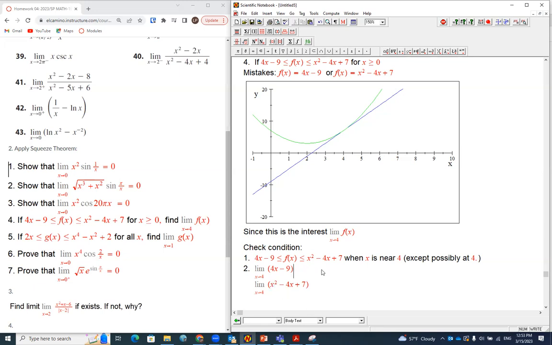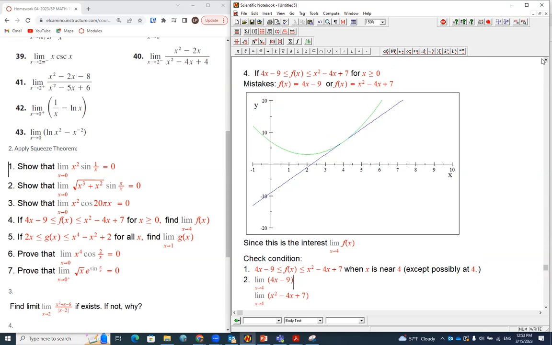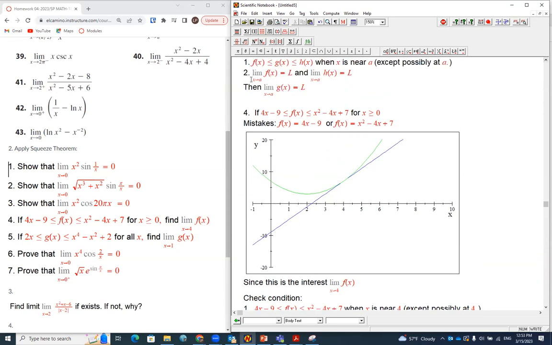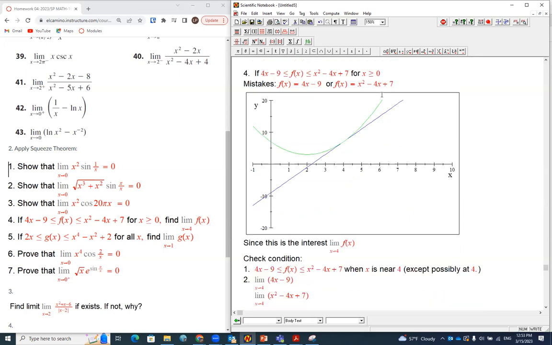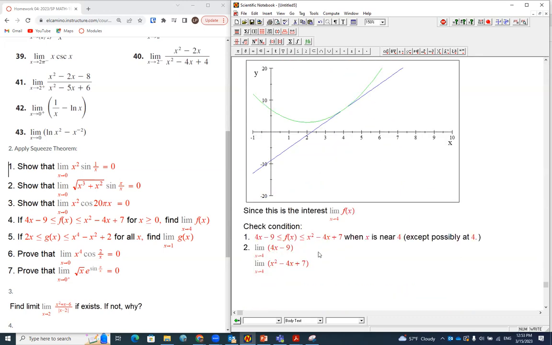Okay, now we're checking to see if the second conditions are satisfied. Second condition, of course, includes 3 elements, right? 2 limits, whether the limits are the same. So when x is approaching 4, then this is a polynomial. 4x minus 9 is a polynomial.